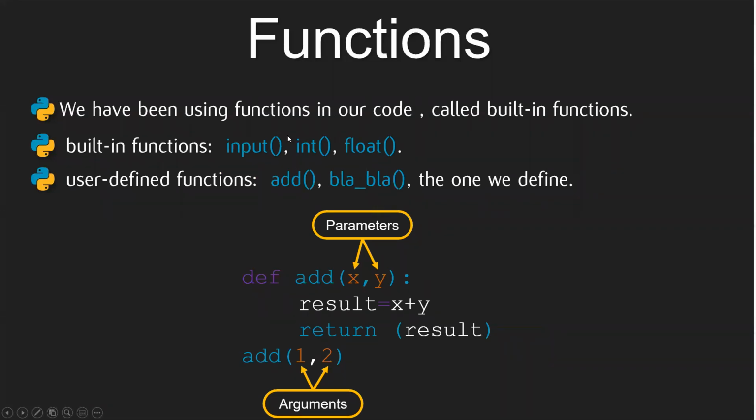Built-in functions are functions that are built inside Python. They are part of Python, so you don't have to rewrite them because they are already there, like input, int, float, and other functions like split and so on. We'll show you some of the built-in functions that we can use later.